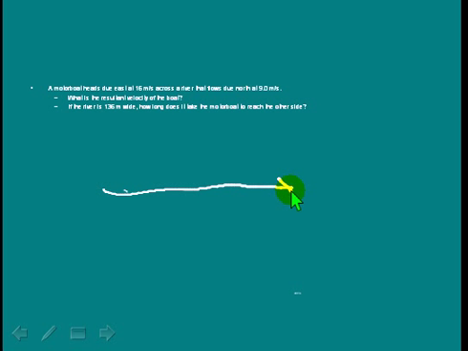I'm sorry, east. So there's my 16 meters per second, and it's going across a river that's flowing at 9 meters per second in the northern direction.